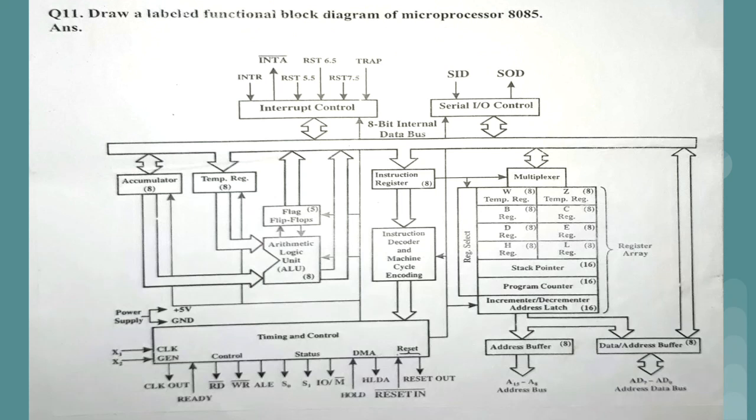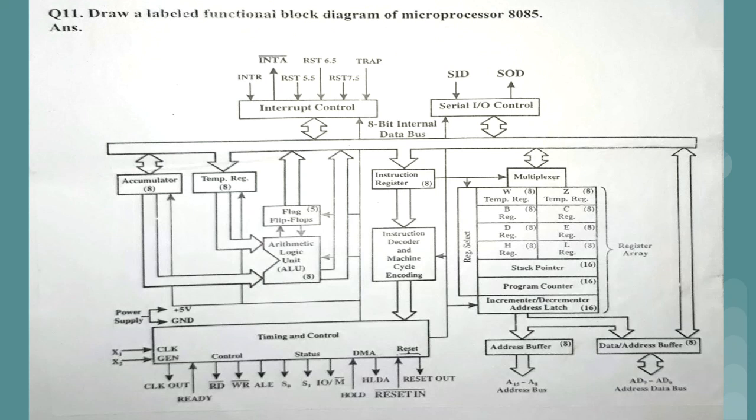Then if you notice the timing and control section, there are so many pins which are part of it, which we learned in the 8085 pin diagram. We have the X1, X2 pins, then CLK out, ready, read, write, ALE, S0, S1, IO/M, hold, HLDA, reset in, reset out.